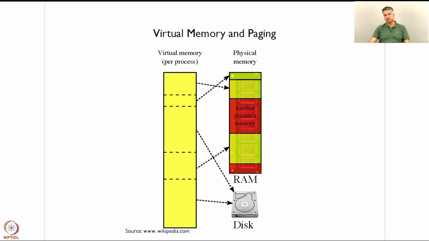Now, if you have a program which constantly requests data in a random manner without any particular pattern, it's quite possible that most of the time you're asking for data from the disk. Then the page is pulled from the disk and put into the physical memory.